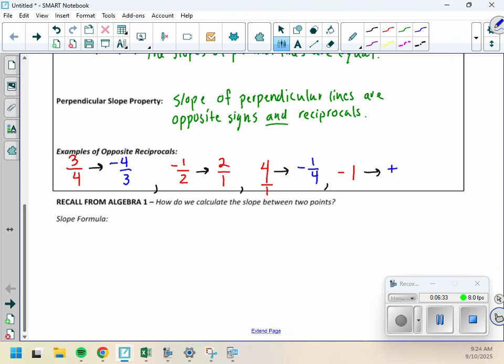Now, for today's lesson, you need to know what's called the slope formula. This should be another formula that's very familiar from Algebra 1.